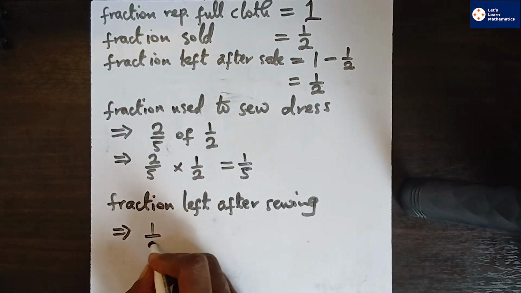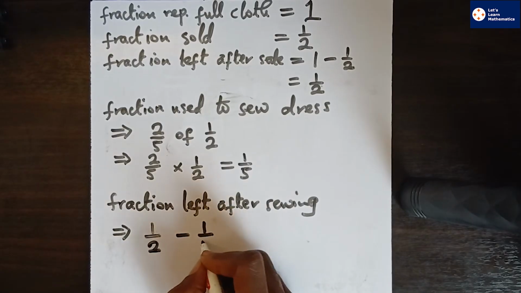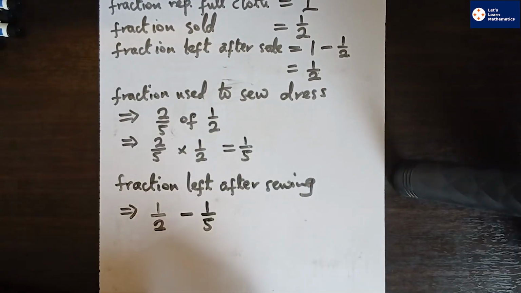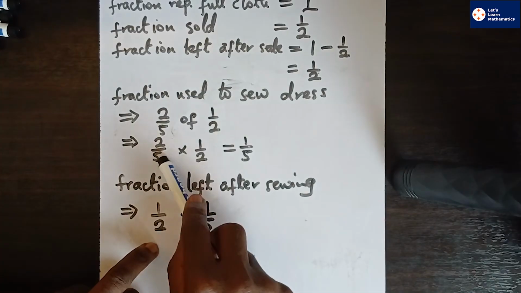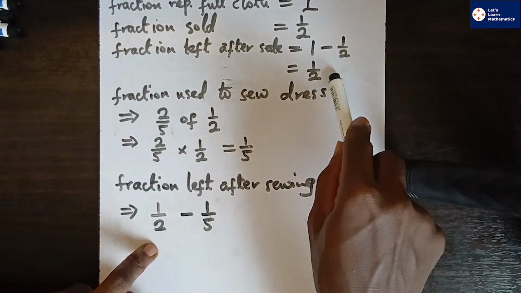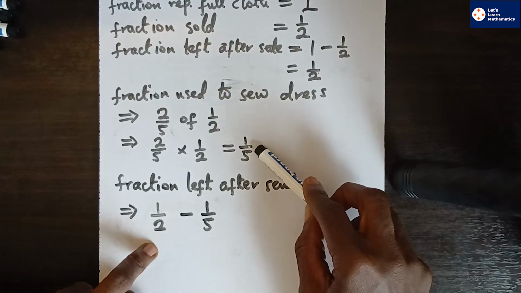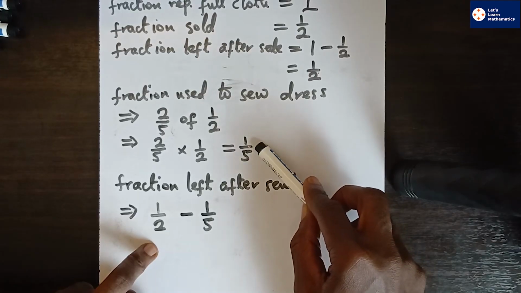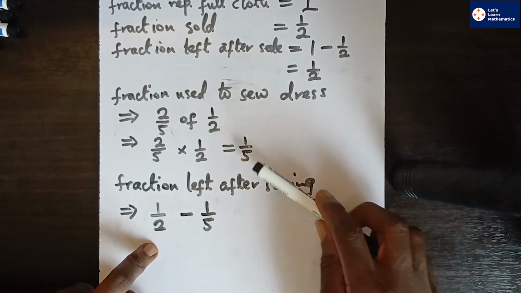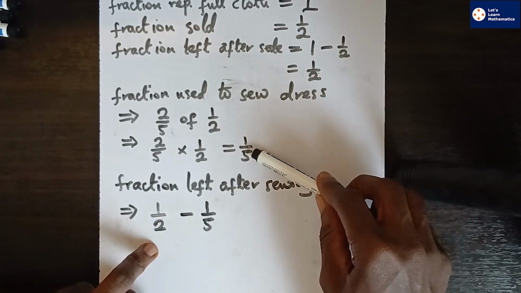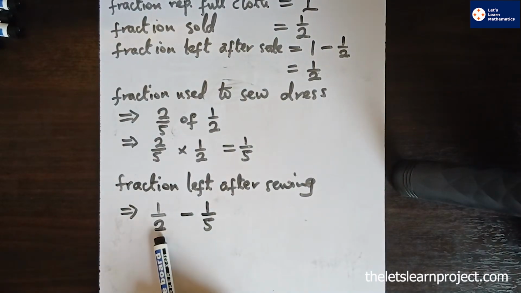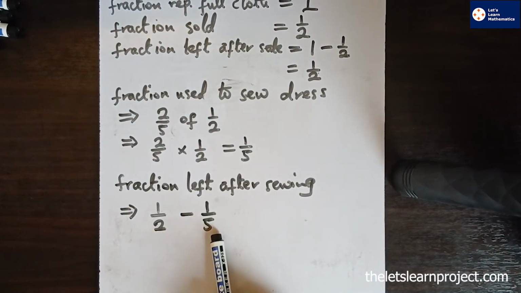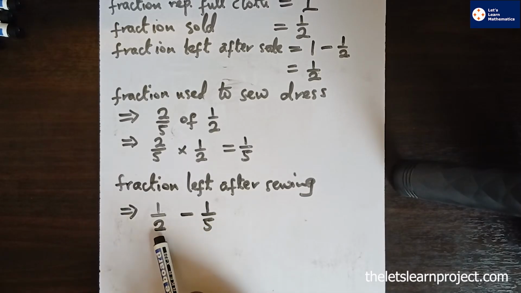So 1/2 minus 1/5. This is what was left after selling half and then using 2/5 of what was remaining to sew the dress. So you subtract this from that.